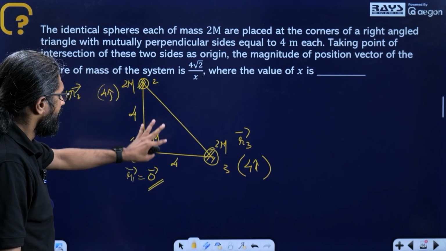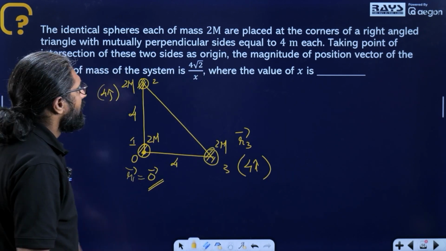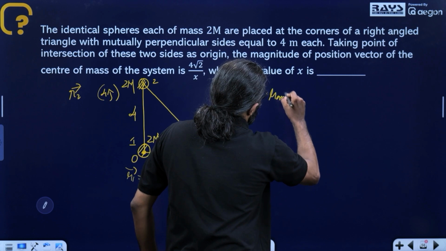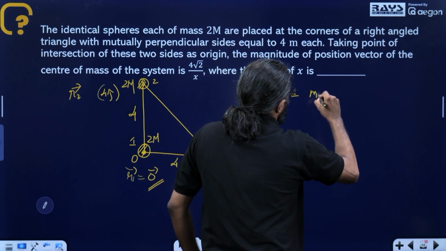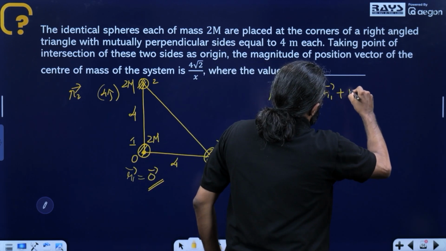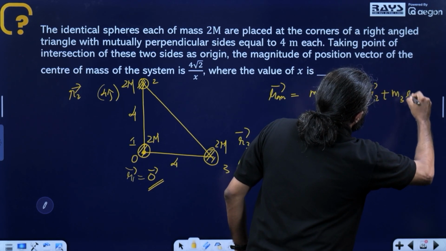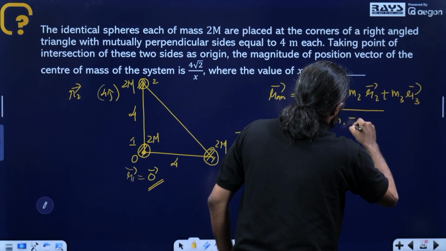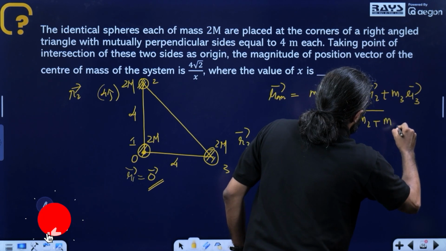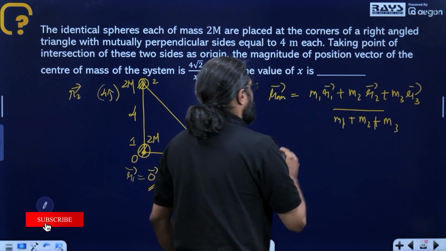All right, I think we have every detail listed here. The position vector of the center of mass, RCM, will be m1 r1 vector plus m2 r2 vector plus m3 r3 vector divided by m1 plus m2 plus m3. Now listen what happens.